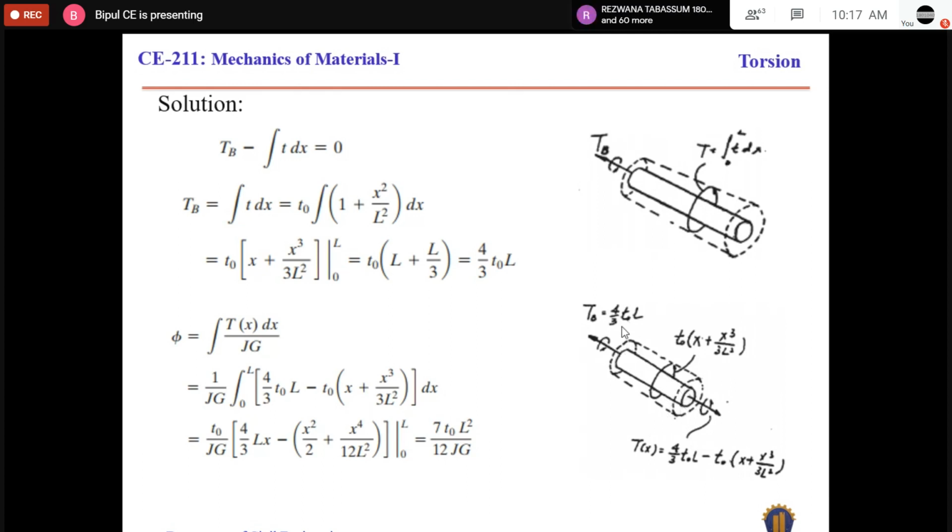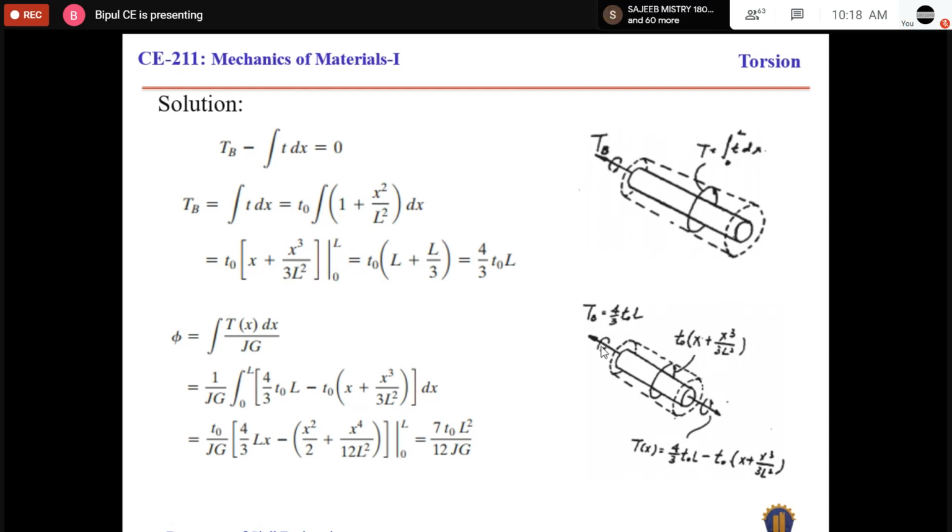This is the torque developed at point B, and this is the applied torque. The applied torque will be this one, because from this equation we can see that the total applied torque in length x is this one. So that is the applied torque.